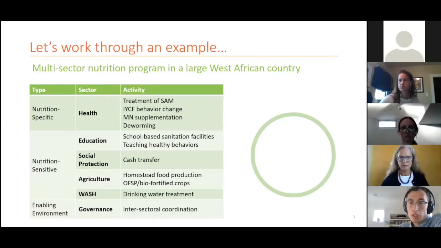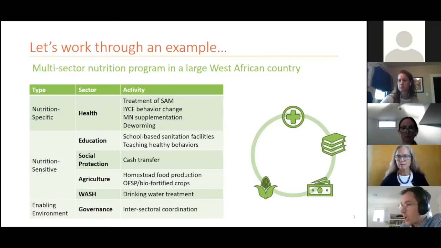This program combines nutrition-specific and nutrition-sensitive interventions from the health, education, social protection, agriculture and WASH sectors, including the treatment of acute malnutrition, behavior change counseling related to infant and young child feeding, conditional cash transfers, promotion of homestead food production using orange flesh sweet potato and biofortified crops, and the treatment of drinking water, as well as a set of interventions targeting the overall enabling environment, which we would call the governance sector, promoting collaboration and coordination across the sectors at the national and subnational levels.